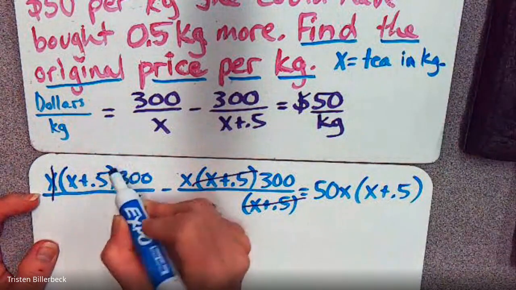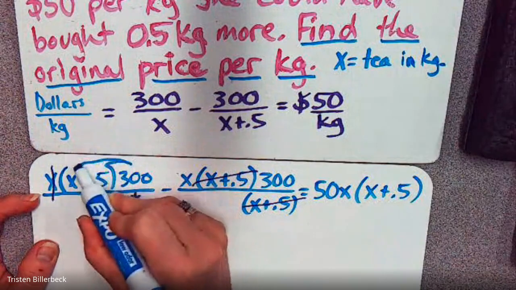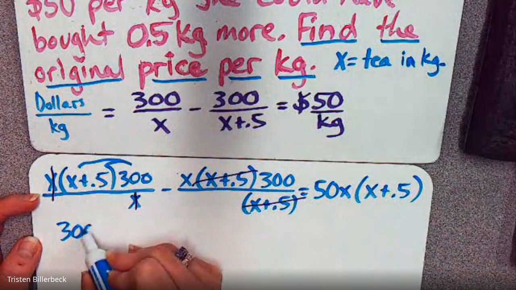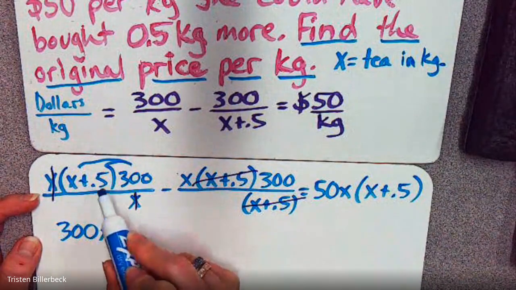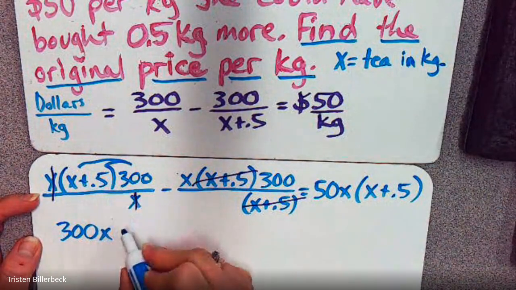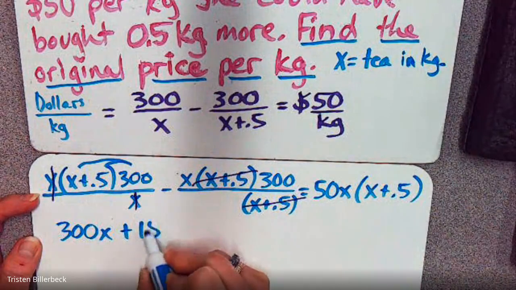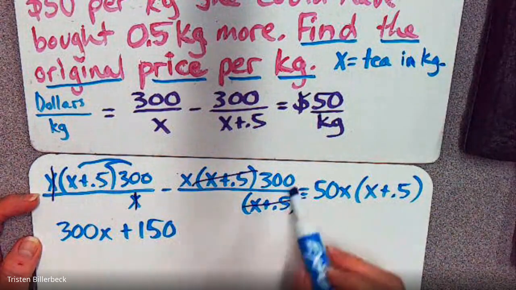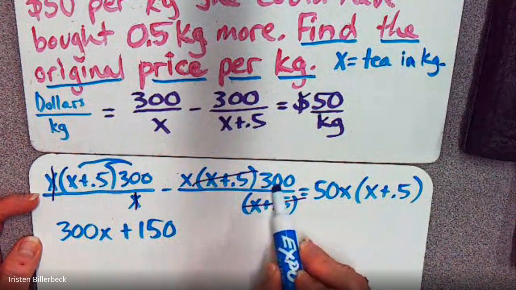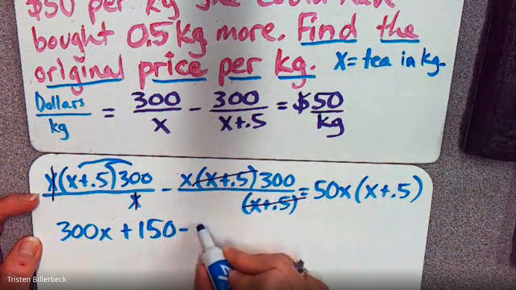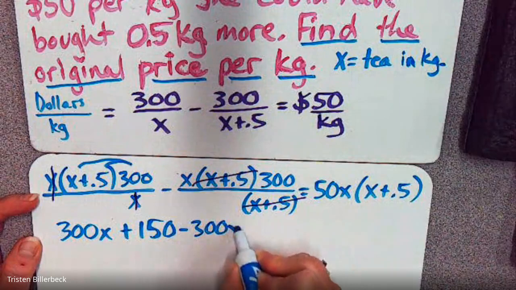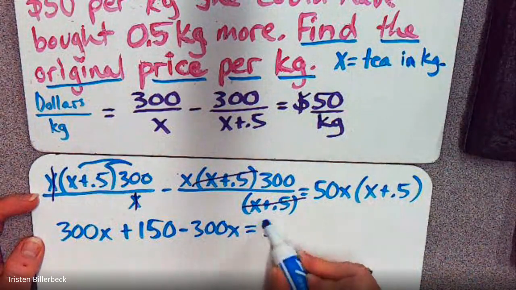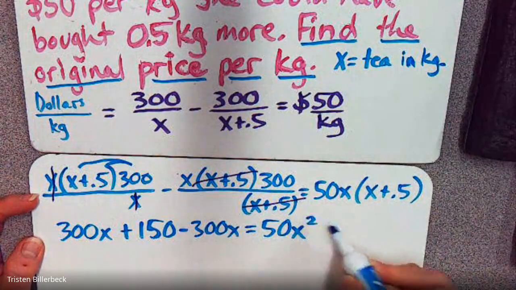Okay, so now we distribute. So we have 300x. And then half of 300 is 150. This 0.5 is the same thing as 1/2. This one, we just have 300 times x. So we have minus 300x. Over here, we have 50x times x, which is 50x squared.